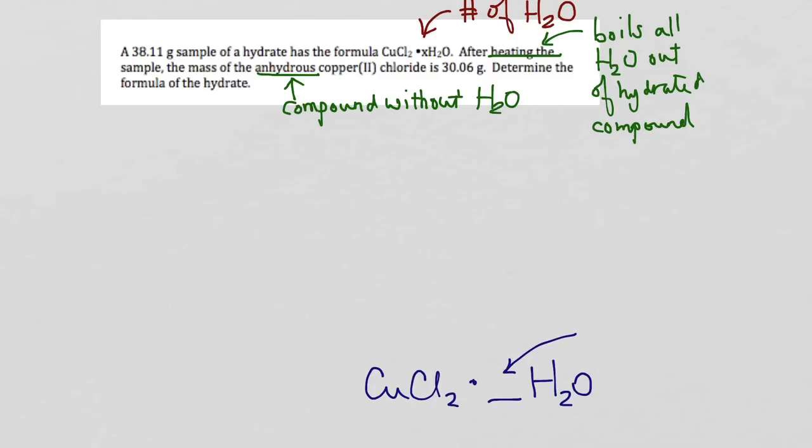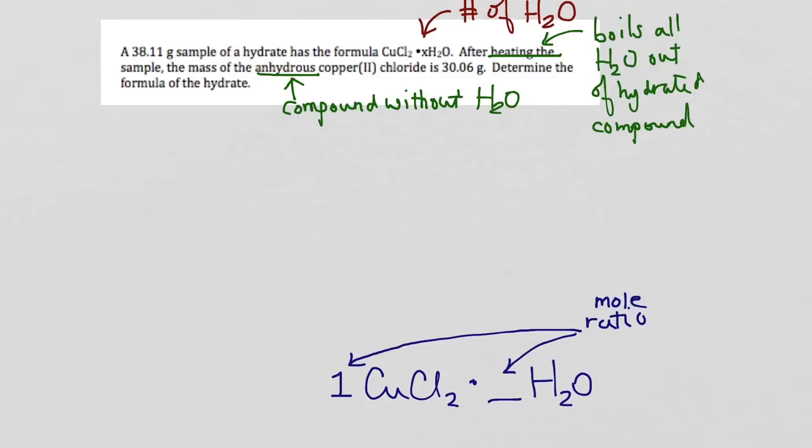And as a reminder, for a formula of a hydrate, we always talk about one formula unit of copper chloride. So we're really looking for, in one formula unit of copper 2 chloride, how many water molecules are there. So this is now a ratio of the moles of copper 2 chloride to moles of water.